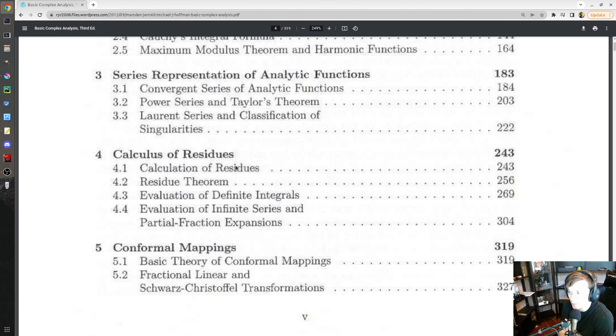That is, singularities where the Laurent series had an infinite number of b_n that were non-zero. So for those, we didn't have an easy formula for calculating residues. But the residue theorem is still true. It's that piece that we got really simply just from that expansion we just detailed right there.